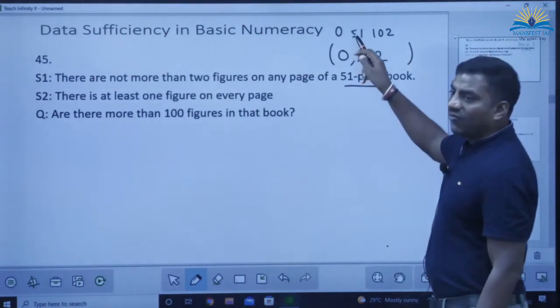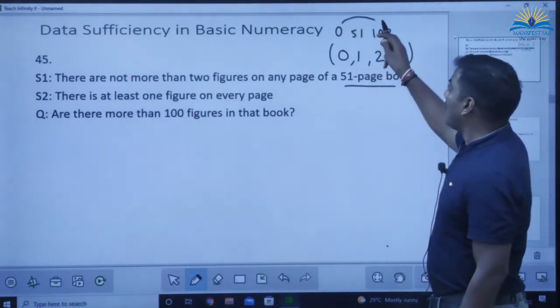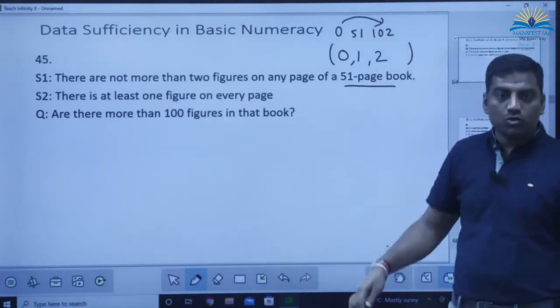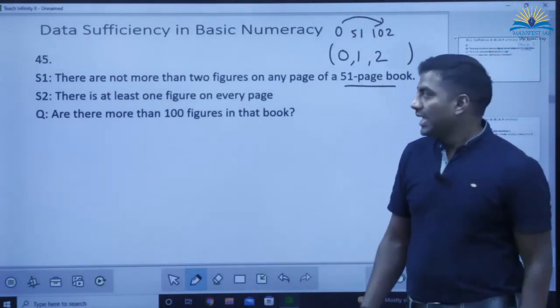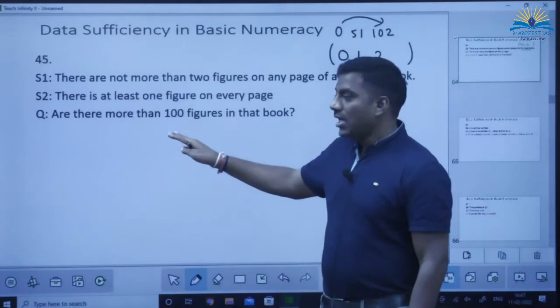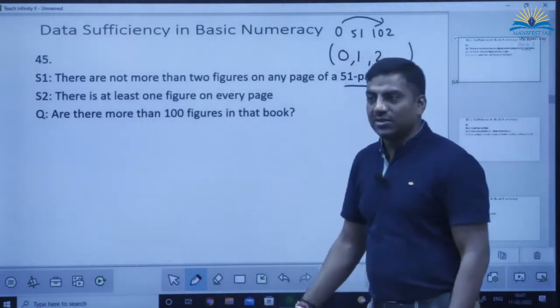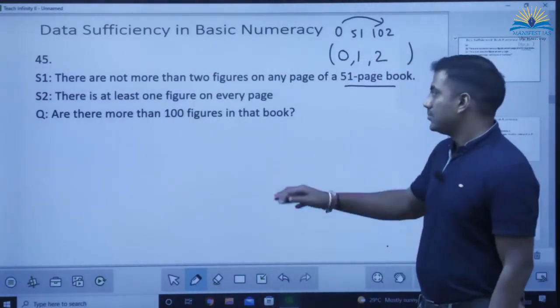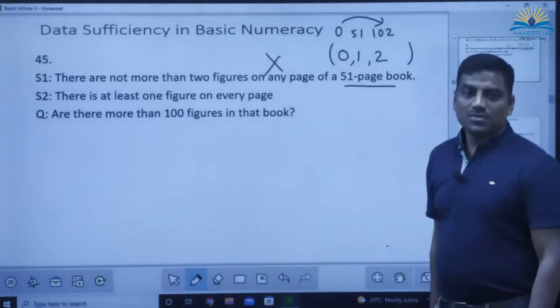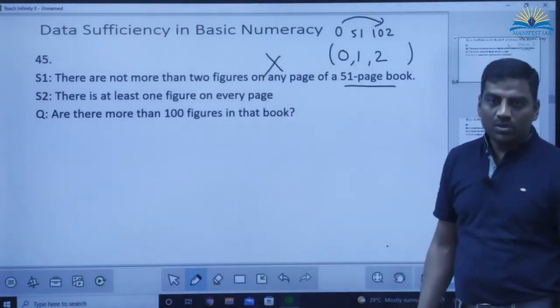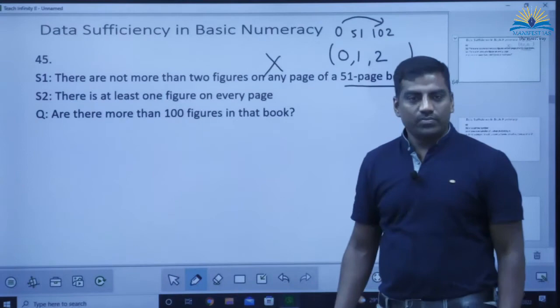So the range of figures in the book can be 0 to 102. It can vary from 0 to 102. Can I answer the question? Are there more than 100 figures in the book? With S1 alone, I cannot find out.